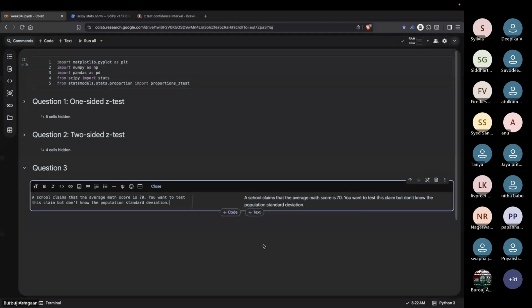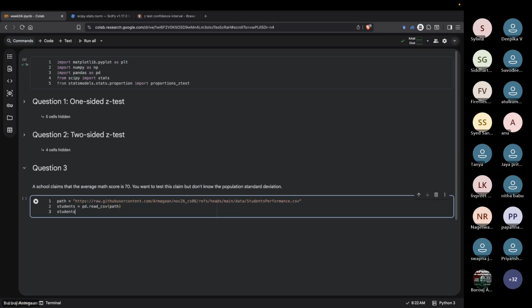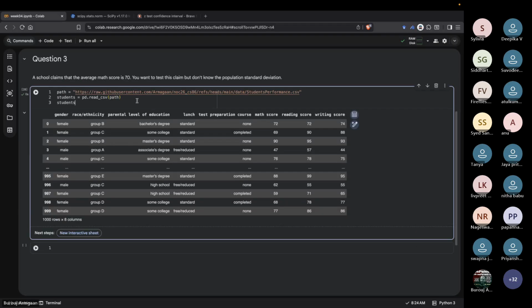Can you compute the t-test for this particular case? Let me give you the path. So you will notice that we are only concerned with this math score.